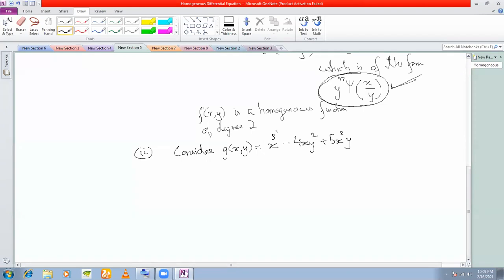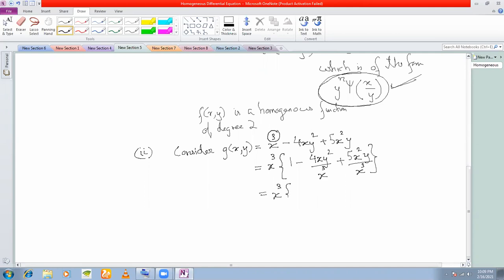So what do you see as the highest power of x here? You see that the highest power of x here is 3, right? So what I do here is I take the highest power of x common, x cube I take common. If I take x cube common, what am I left with? 1 minus 4xy square divided by x cube plus 5x square y divided by x cube, right? This is what I'm left with.